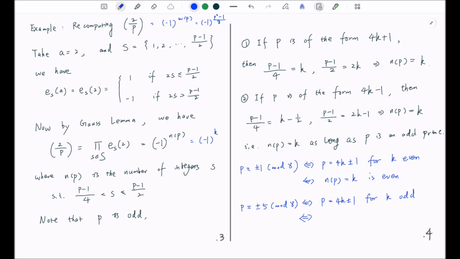If and only if n(p) equal to k is odd. And this happens exactly when (p²-1)/8 is odd. And we have recomputed the Legendre symbol of 2 modulo p using Gauss's Lemma.